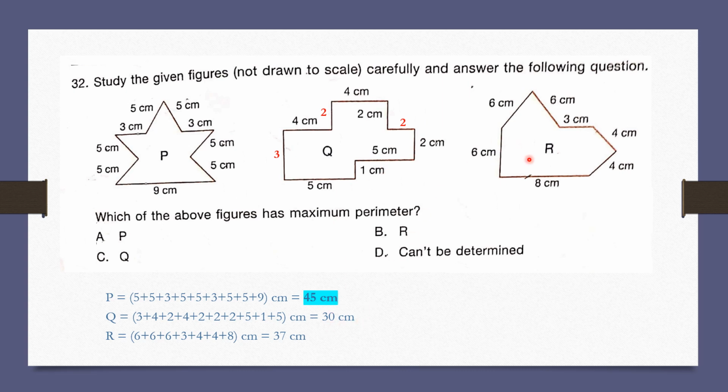Now calculate for R. 6 plus 6 plus 6 plus 3 plus 4 plus 4 plus 8. Total is 37 centimeter. So among these, P has the maximum perimeter, which is 45 centimeter. So our answer is option A.